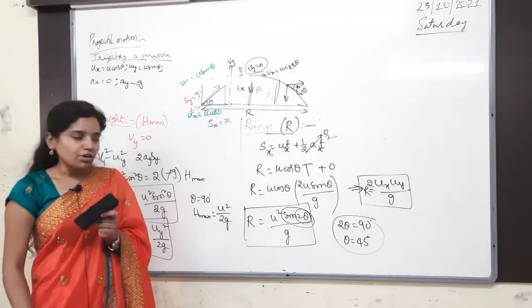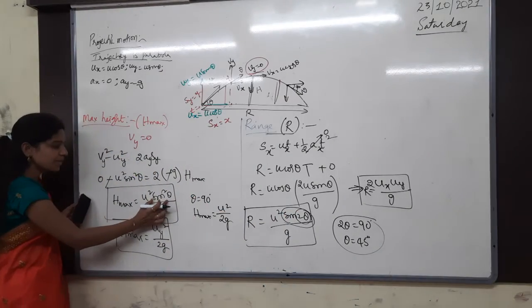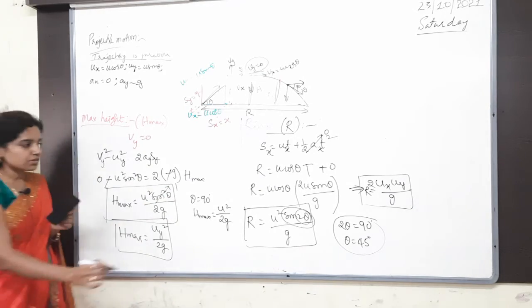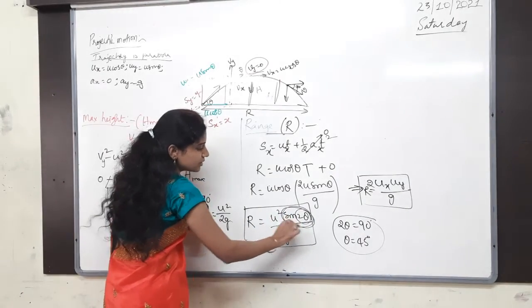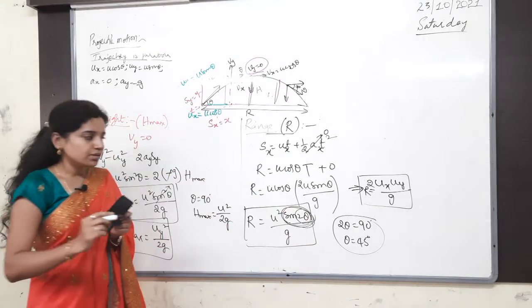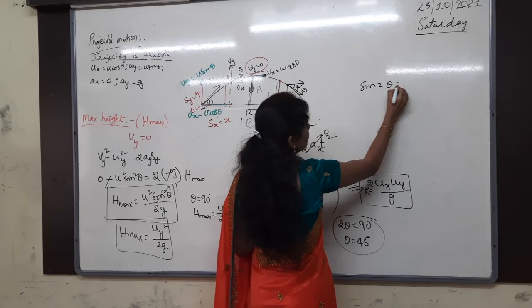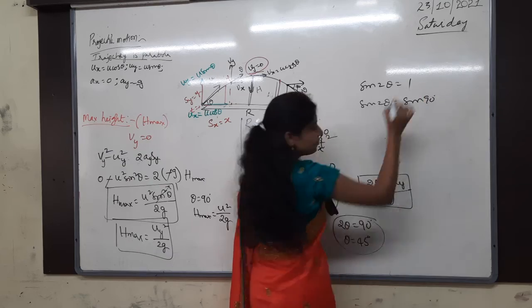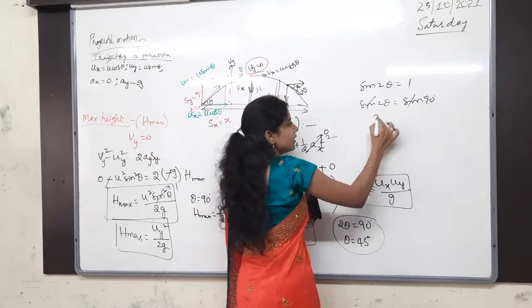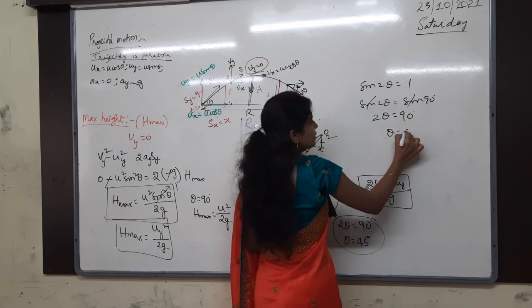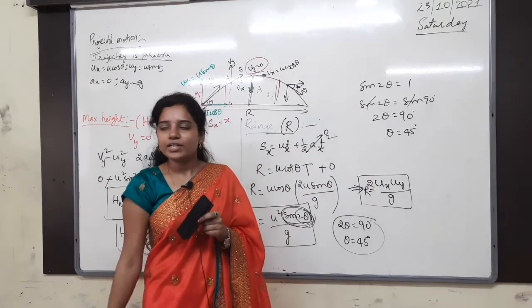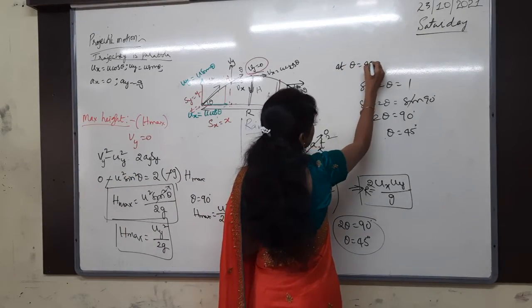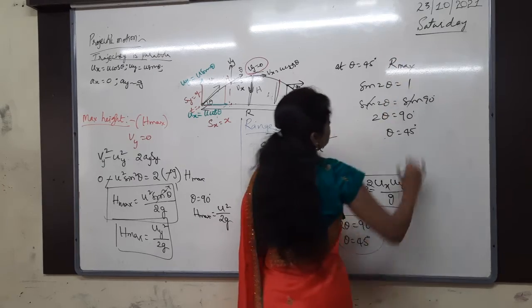Sin 2θ = 1 means sin 90, then sin gets cancelled, so 2θ = 90 and θ = 45. So at θ = 45 degrees, the range will be maximum.